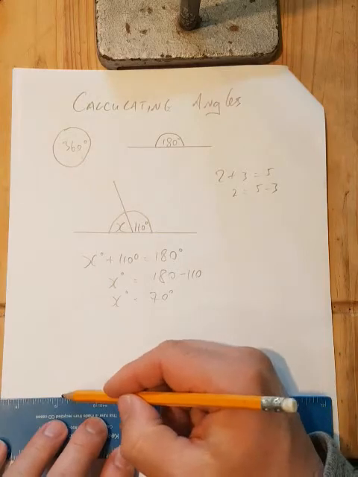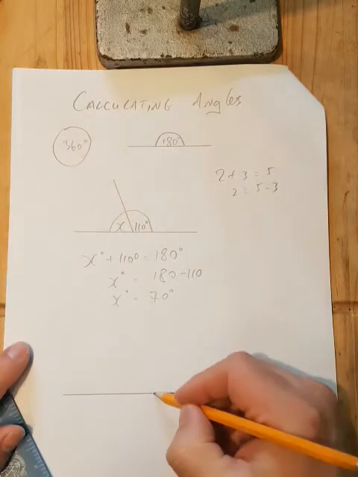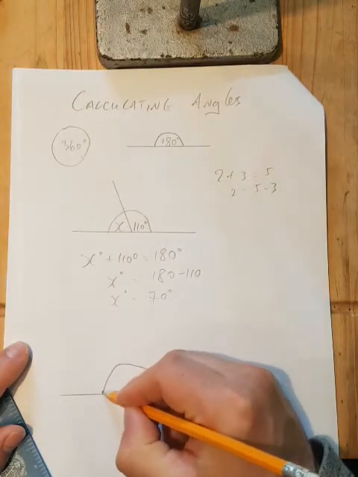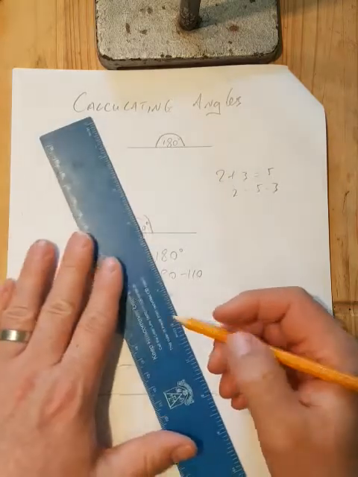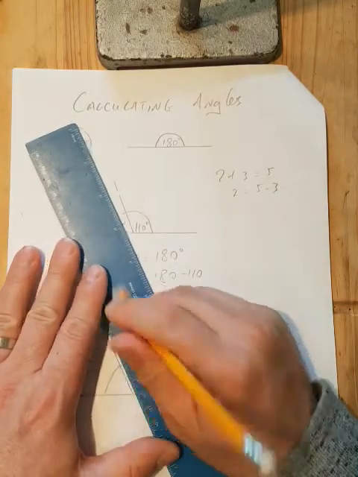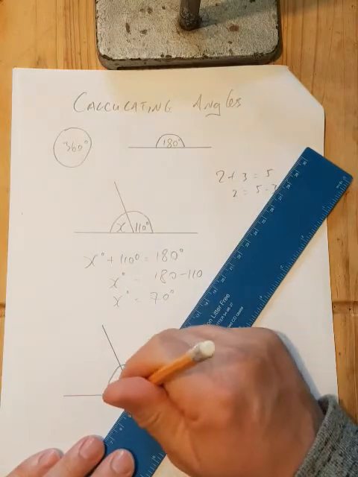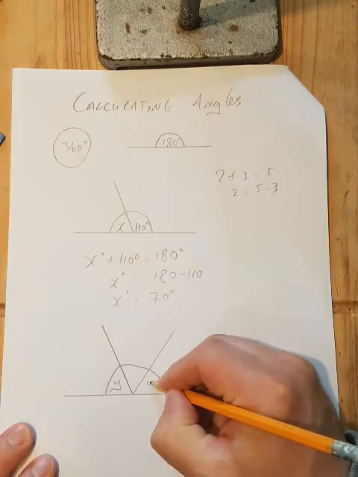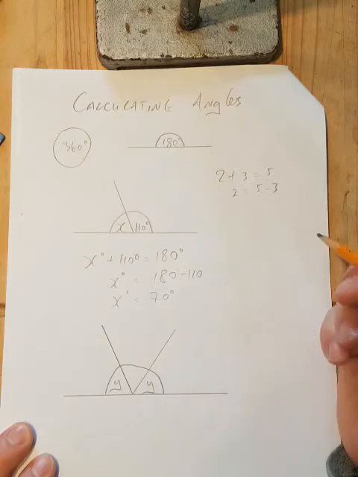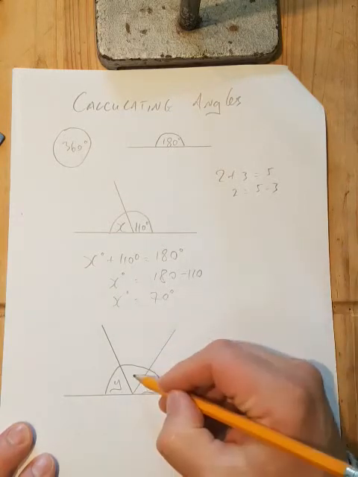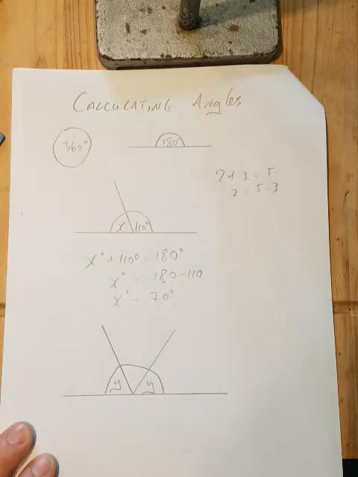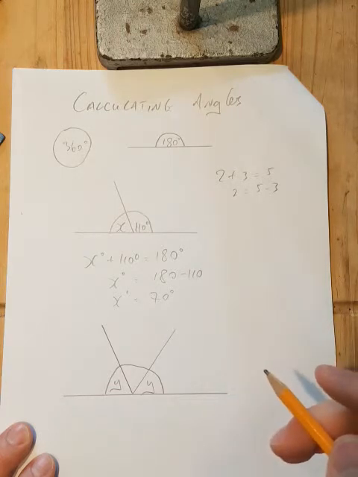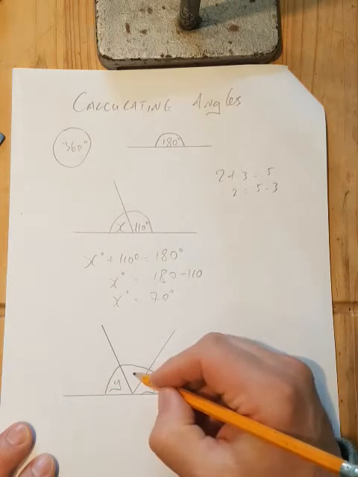Then let's look at another example. Let's say I've got an angle here, y, and another angle here, y. And I've got this angle here, 70.